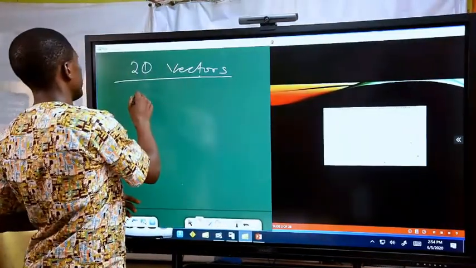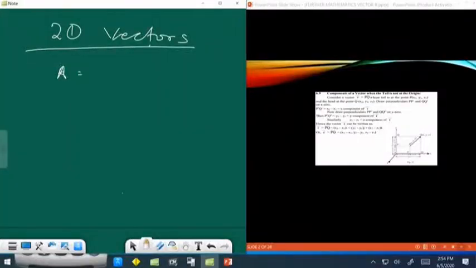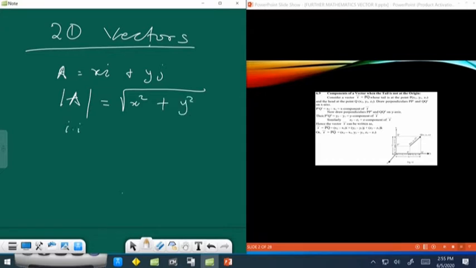If we are given a vector A as xi plus yj, that means the modulus of A is the square root of x squared plus y squared. And then we also said that i dot i is equal to 1, j dot j is equal to 1, k dot k is equal to 1.